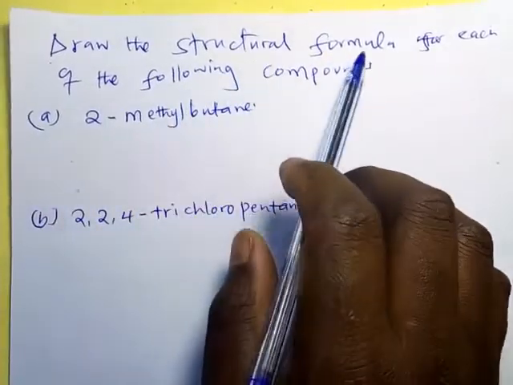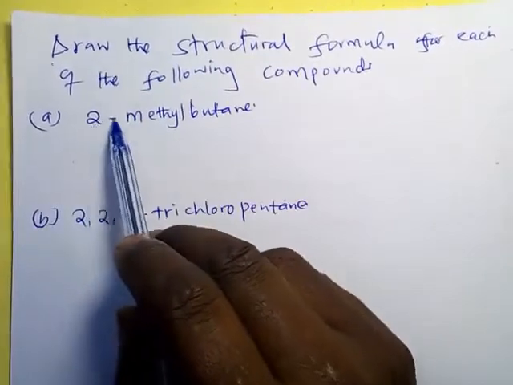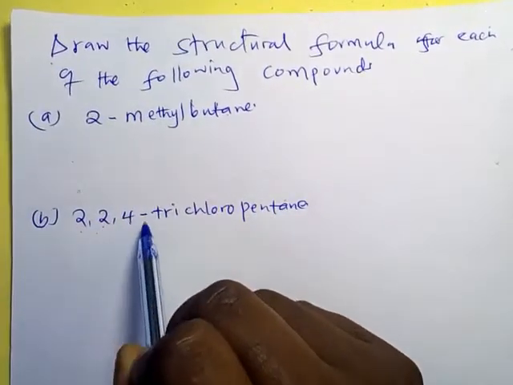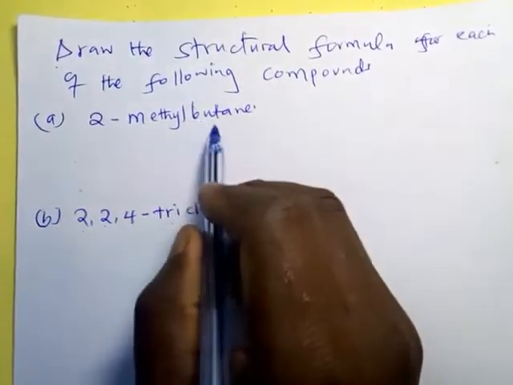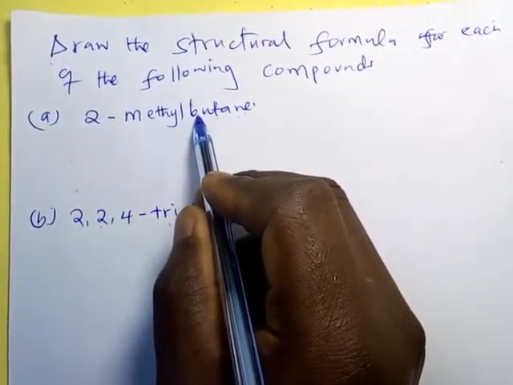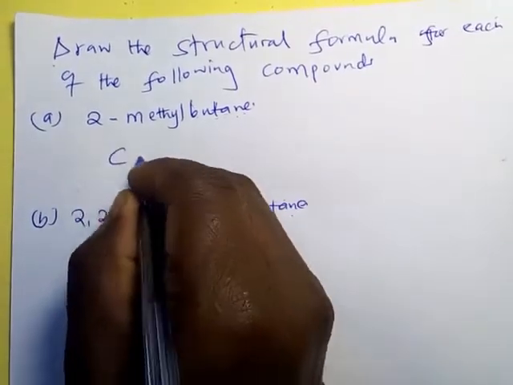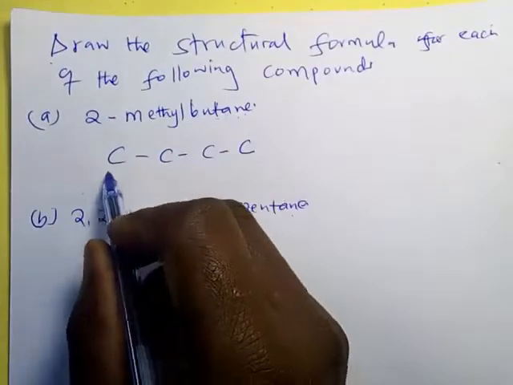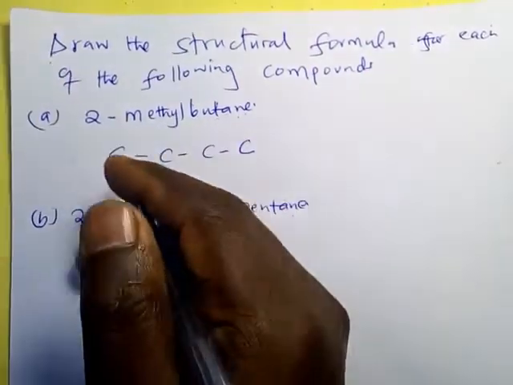Question number 3. Draw the structural formula for each of the following compounds. 2-methylbutane and then 2,2,4-trichloropentane. From here you can see these are alkanes, and for the first, the parent name is butane, meaning that it has 4 carbon atoms. That's where we begin. 1, 2, 3, 4 carbon atoms. When you're drawing, you just number from anywhere, from the left or from the right.